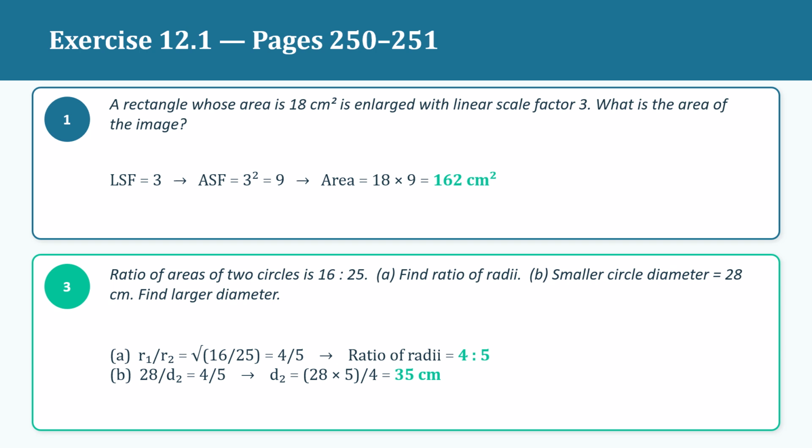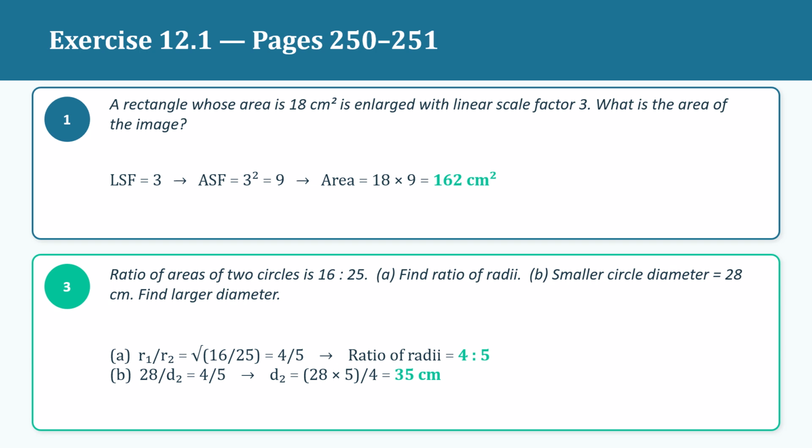So 4/5 is 0.8, which is less than 1. It means this is a reducing scale factor. You are multiplying it to a bigger value to get the value of the smaller one. So for the second part, B, the smaller circle diameter is 28. Find the larger diameter.